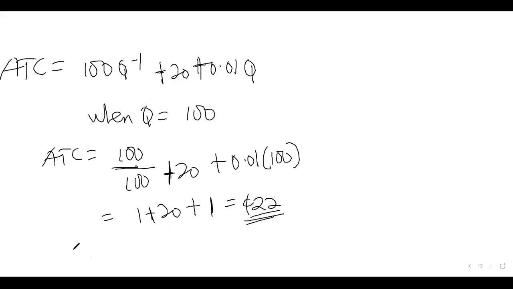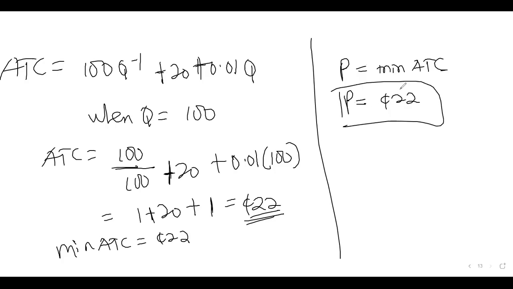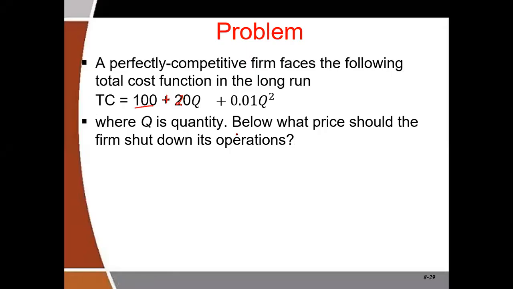So if this is the minimum average total cost, which is 22 cedis, and we are saying that price should be equal to the minimum of the average total cost, that means our price is also 22 cedis. So below a price of 22 cedis in the long run, you have to shut down.